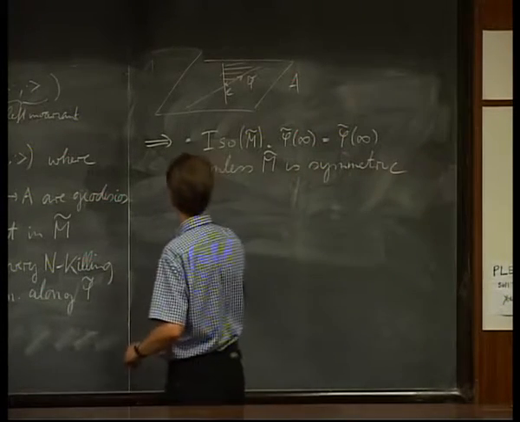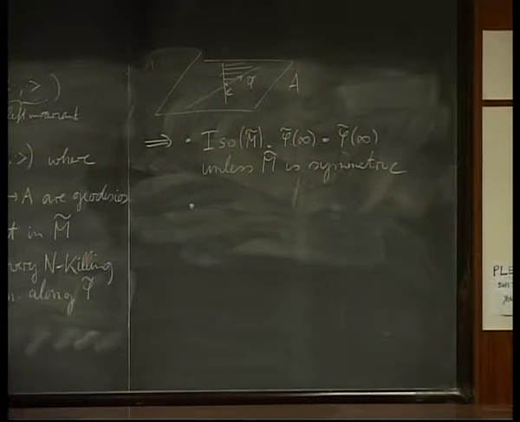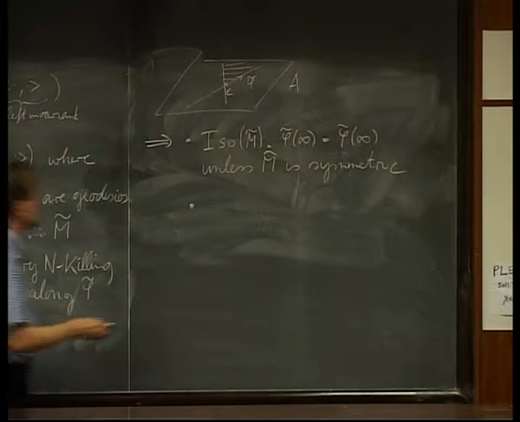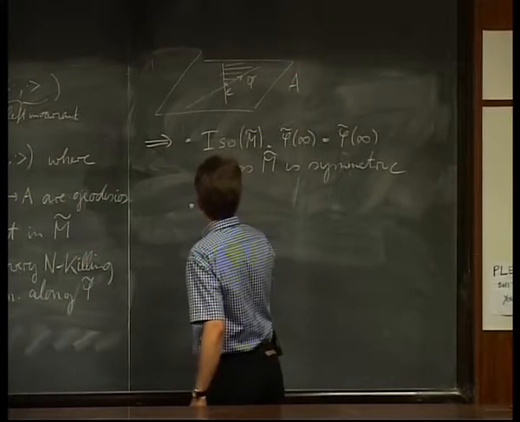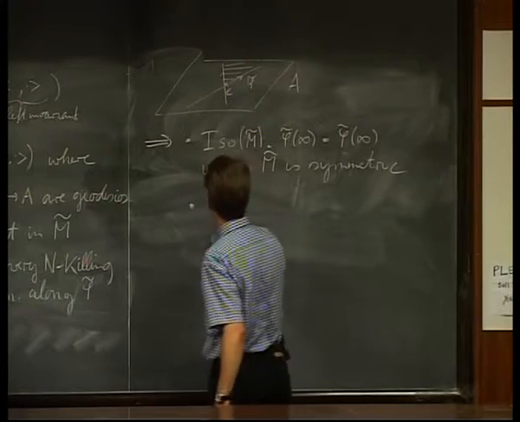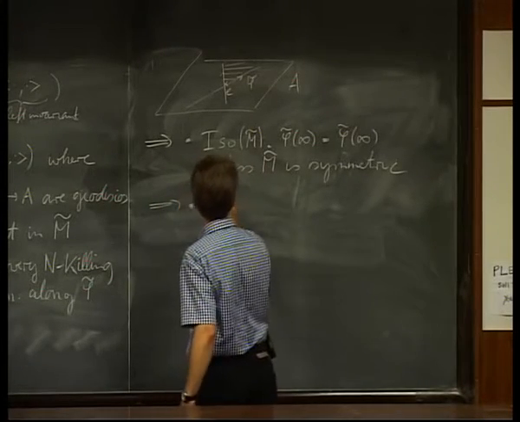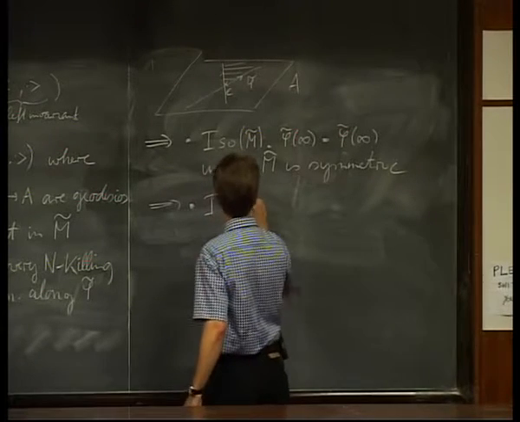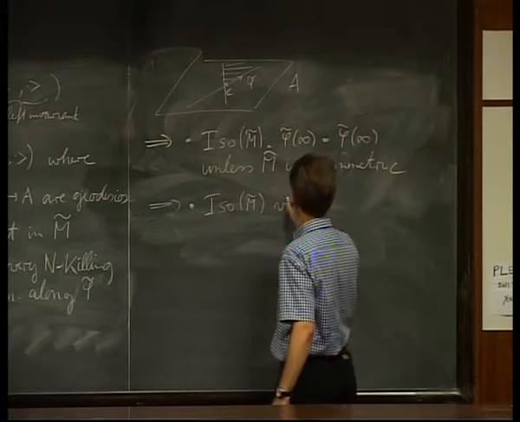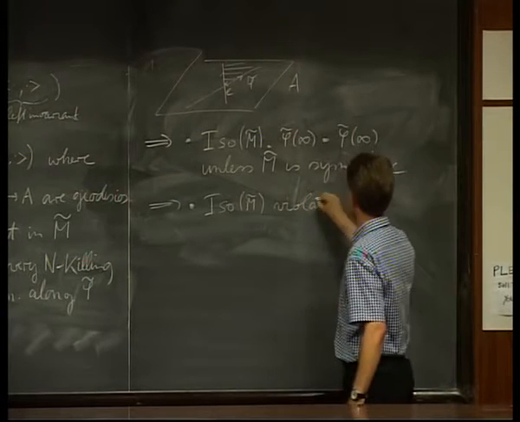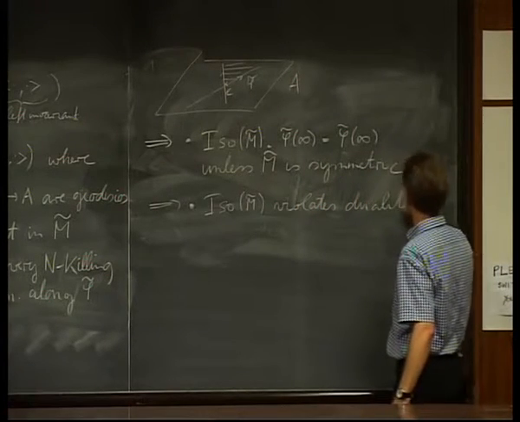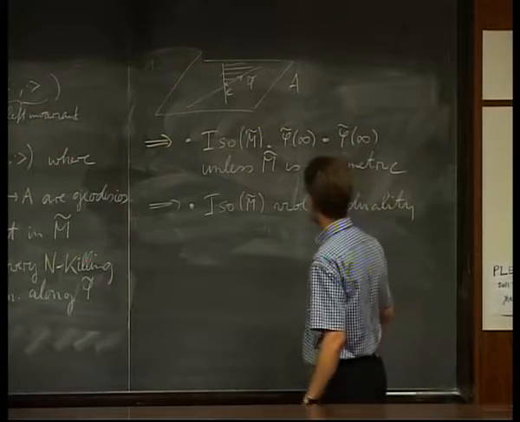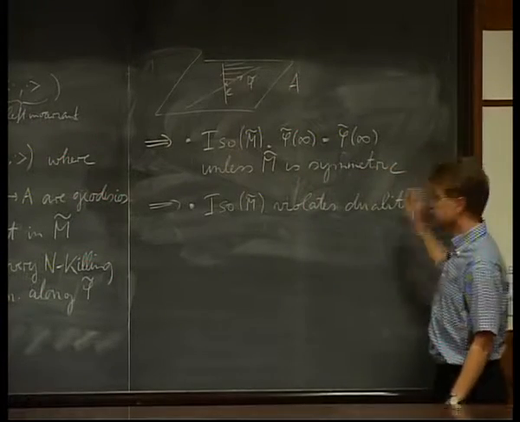And now it's not so difficult to prove that an isometry group which, in non-positive curvature, fixes a point at infinity cannot satisfy the duality condition. So therefore, the isometry group violates the duality condition, again, unless M tilde is symmetric.